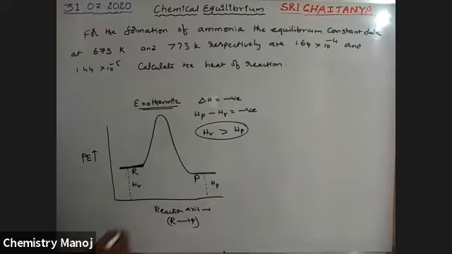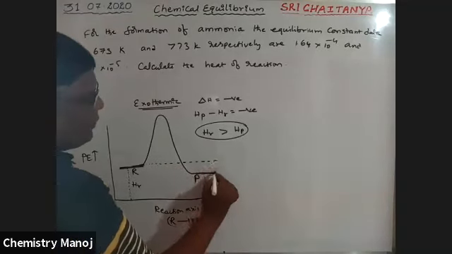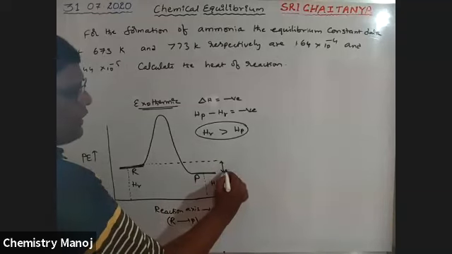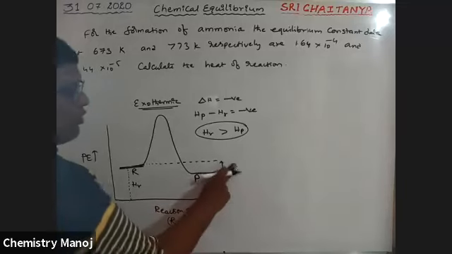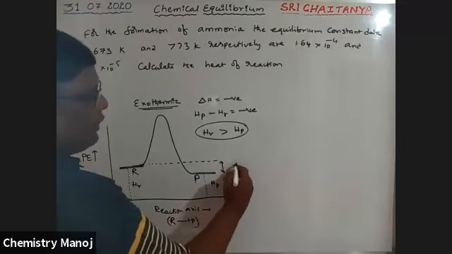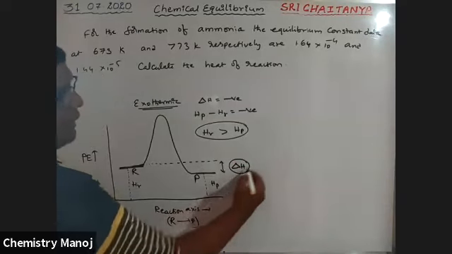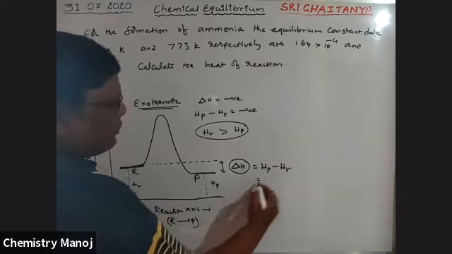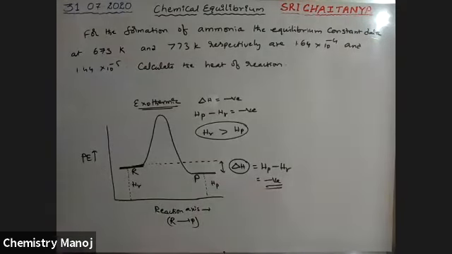Now the difference between these two, enthalpy of products and enthalpy of reactants, is nothing but delta H. Delta H means enthalpy of products minus enthalpy of reactants. It should be negative.